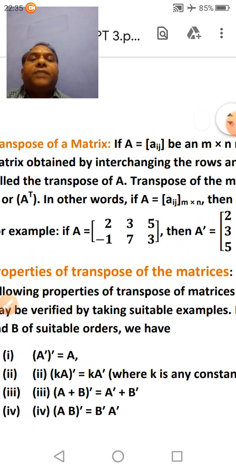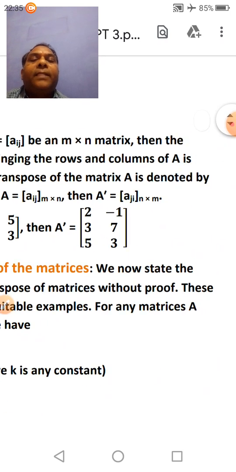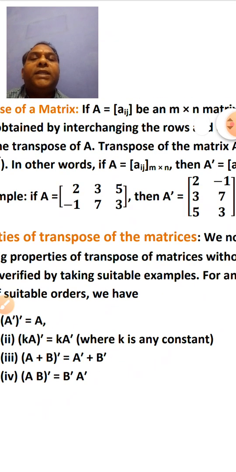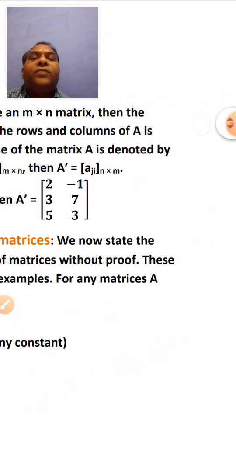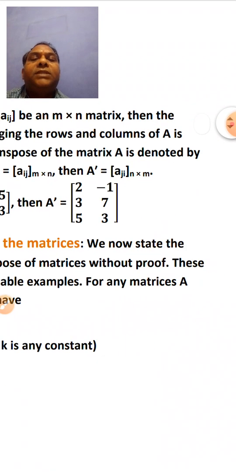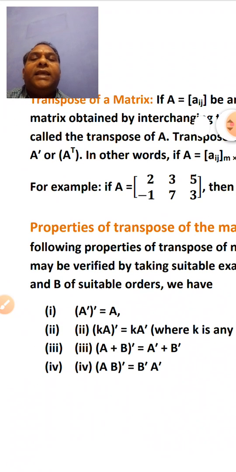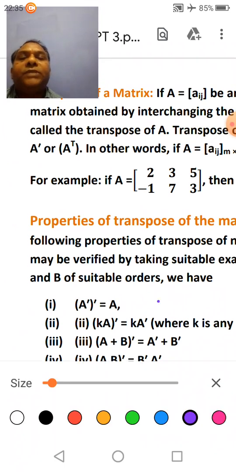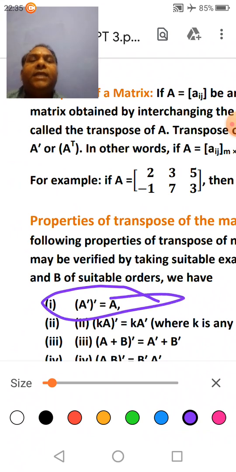Now, properties of transpose of matrices. We now state the following properties of transpose of matrices without proof. These may be verified by taking suitable examples. For any matrices A and B of suitable orders, we have: first property is (A dash) dash is equal to A, means transpose of the transpose of A is equal to the matrix itself.